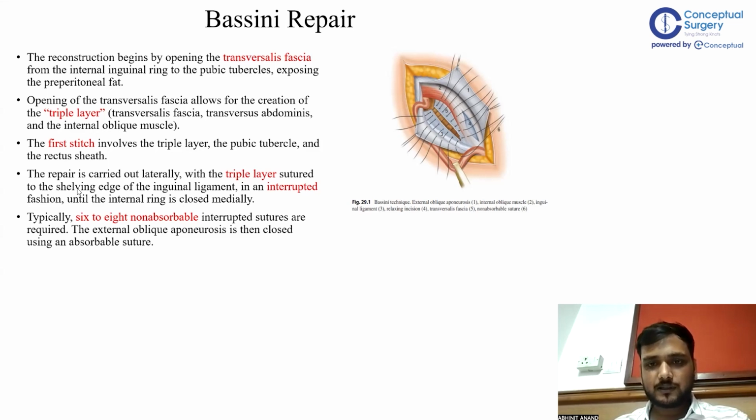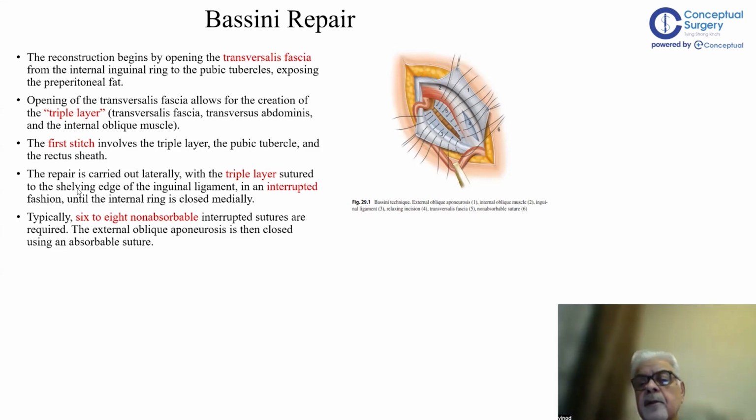There are many ways of doing Bassini's repair, and I don't know from which book you have picked this up. The classical way is that you pick up the tendinous fibers of the transversalis fascia.